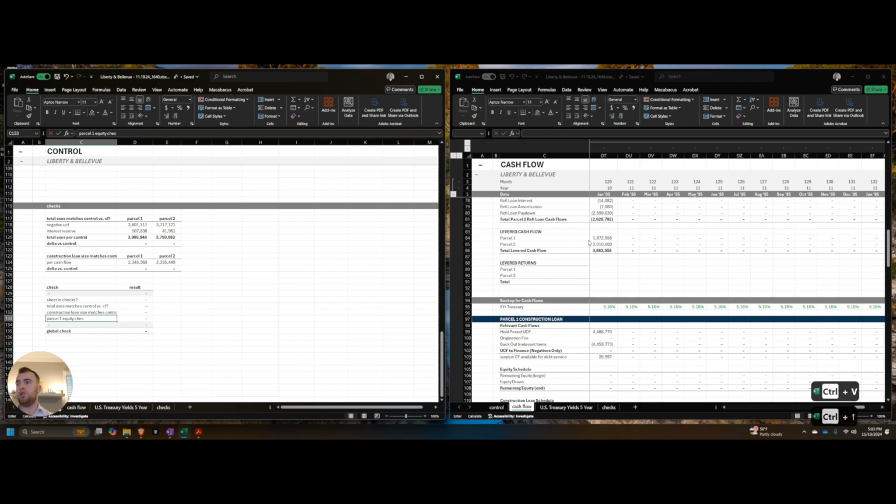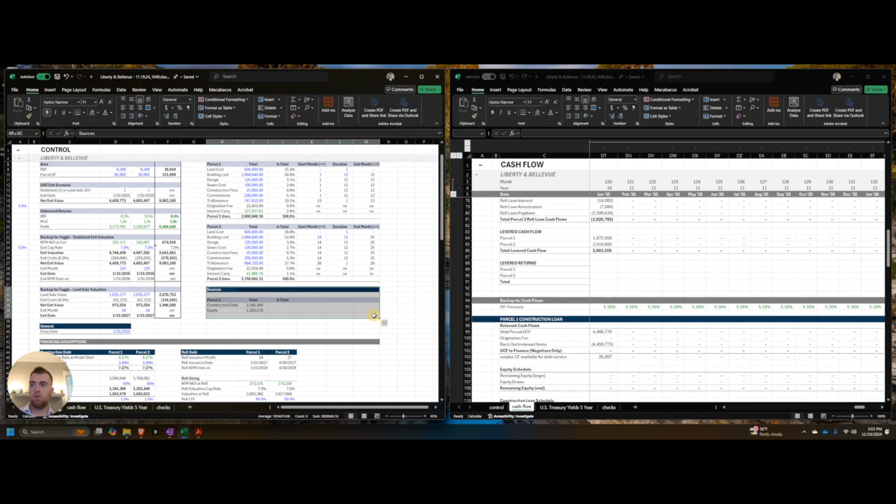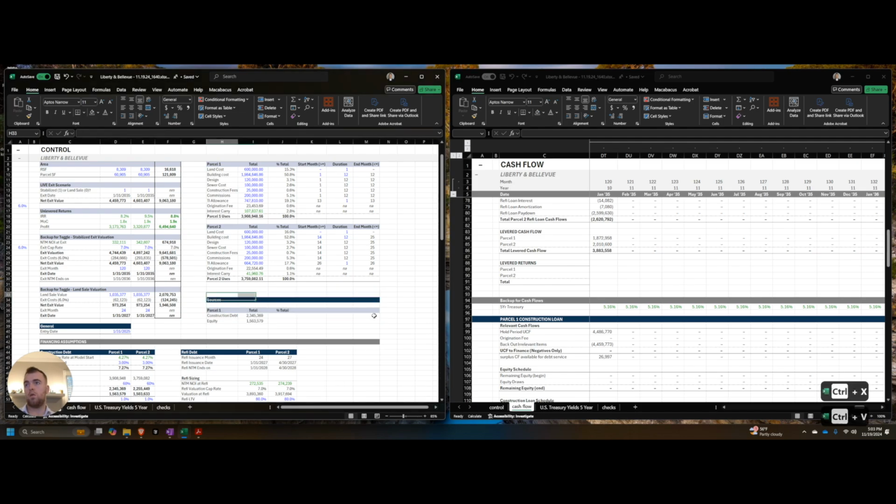Parcel 1 equity check. Parcel 2 equity check. I'll add that in a second. And total uses and sources should be added. I'm just adding grand totals now.